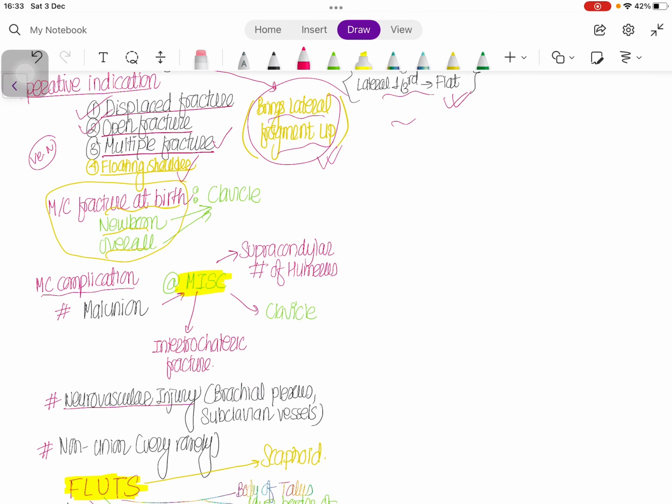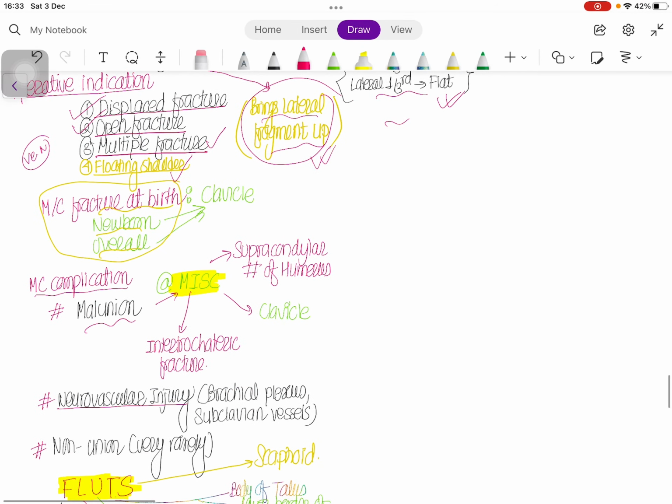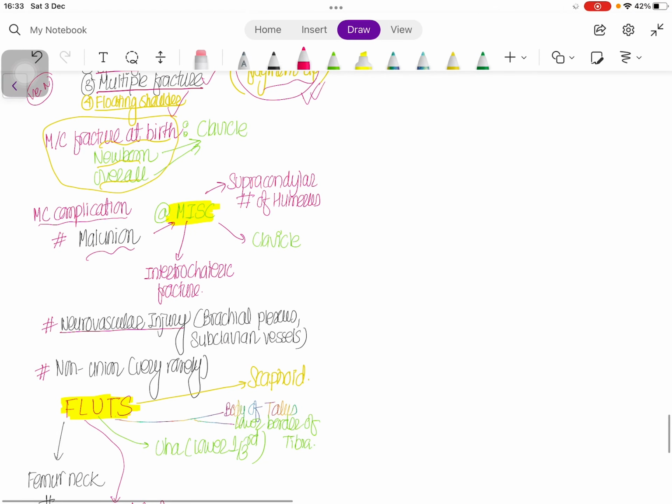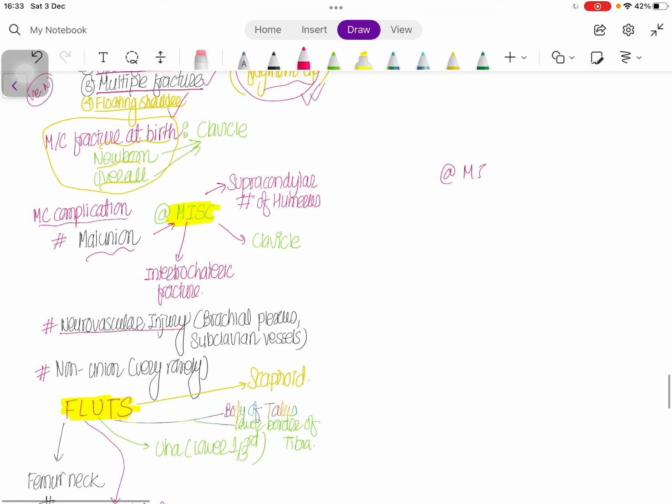So the complication of the clavicle bone is malunion. For malunion, other bones are also affected, so we have to remember MISC. For the M malunion, I means intertrochanteric fracture.